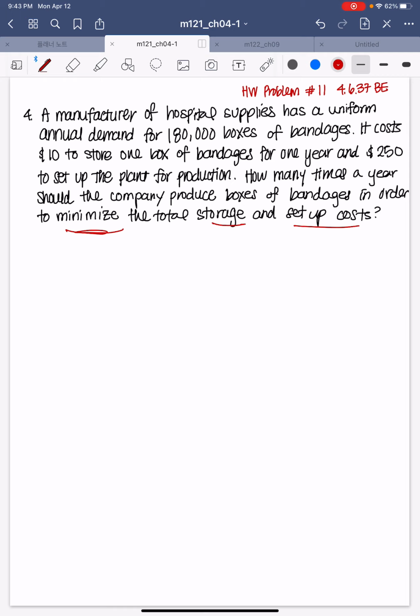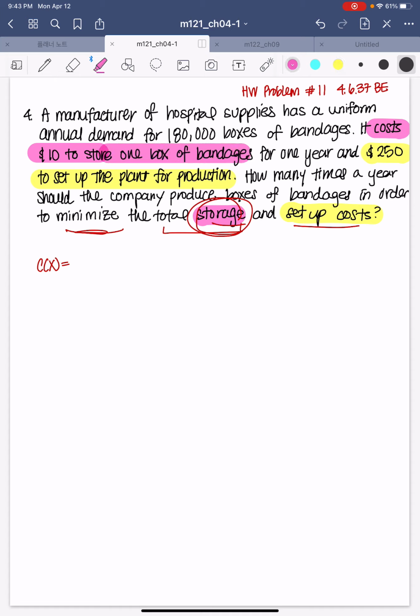Okay, so we want to minimize our storage and setup cost. So let's write down a couple things. For the cost function, let's call it C of X, there are two things. Total, so storage fee, which is right over here, $10 to store, and it also has a setup cost. $250 to set up a plant for production.